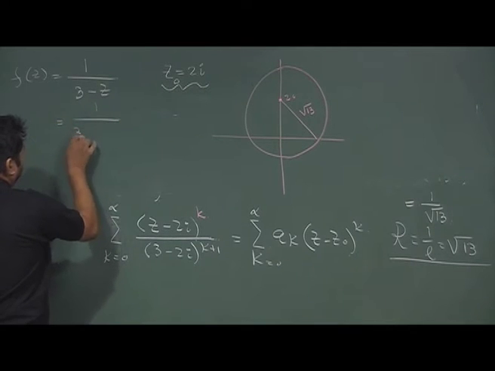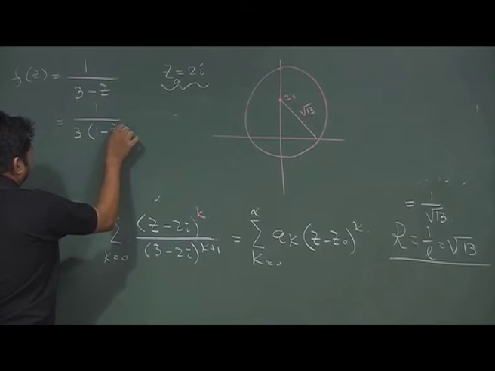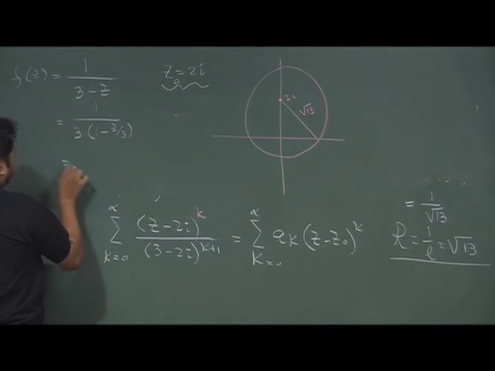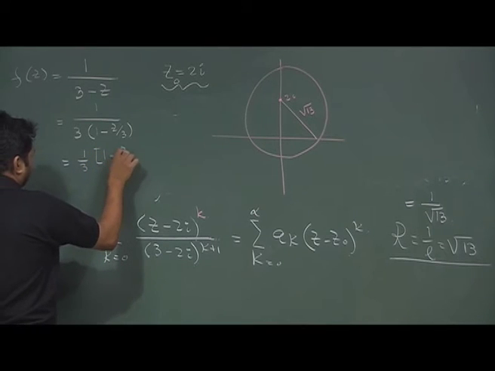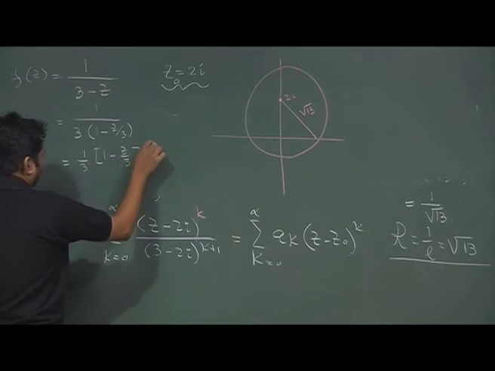If I take 3 common, then it will be 1 minus z by 3 and then 1 by 3 times (1 minus z by 3) to the power of minus 1.